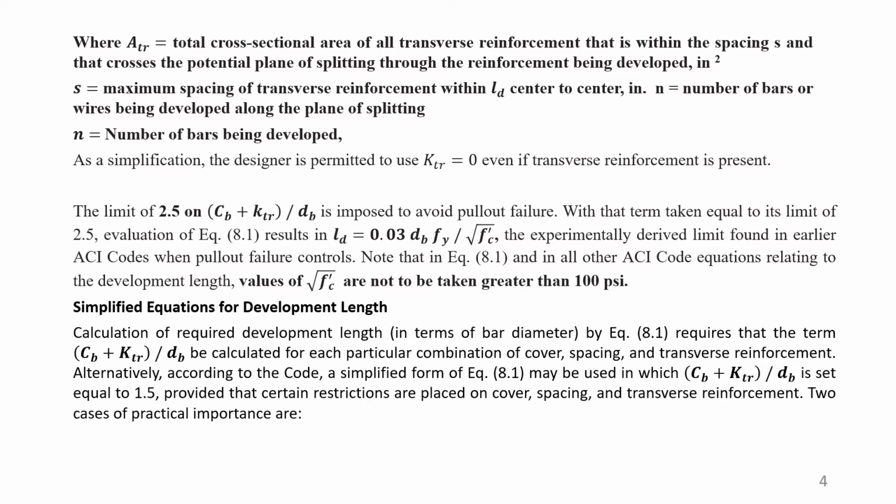And this is the complicated or more rigorous equation. Because this is a very complicated equation, the ACI code also permits some simplified equations. Maybe it is a little rough calculation, but that is sometimes allowed, and the development length in the simplified equation will give a little more value than the rigorous calculation.